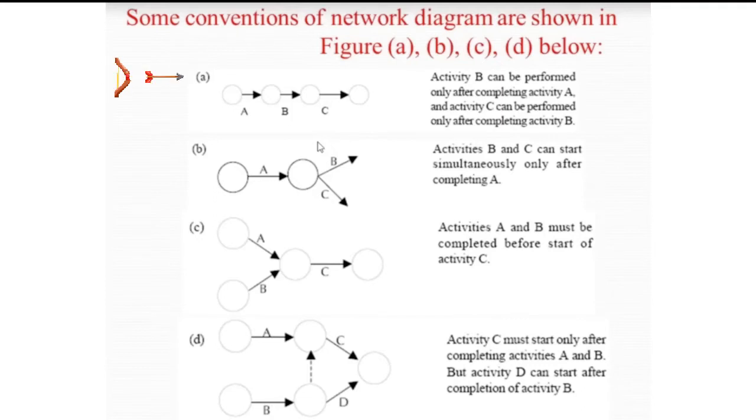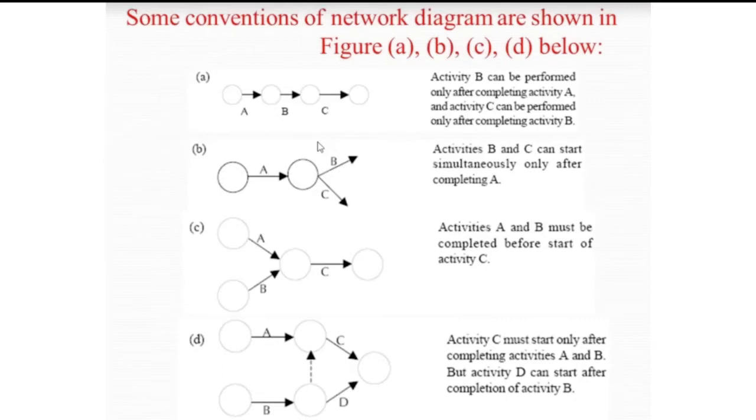And so also with activity C, it can be performed only after activity B is done. So those are some of the conventions we should know. And for letter B, you know that activities B and C can start only after the completion of activity A.